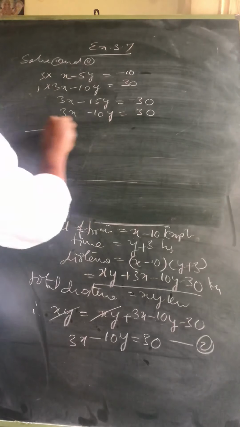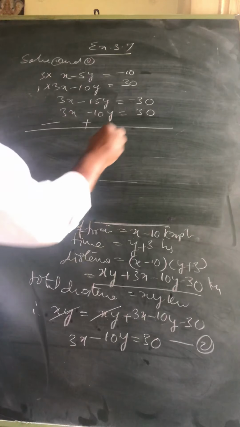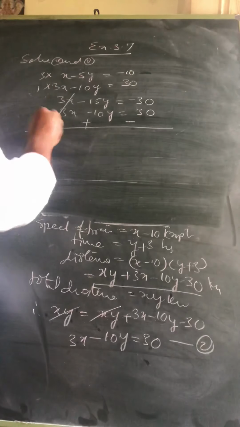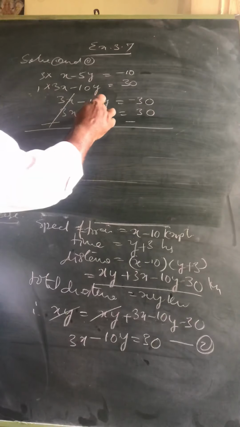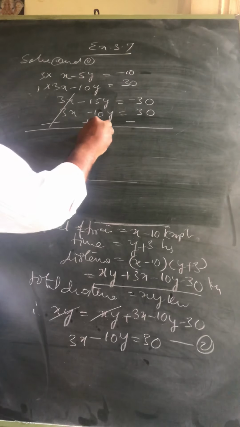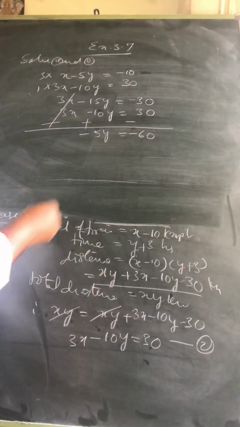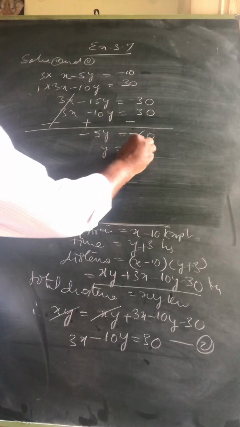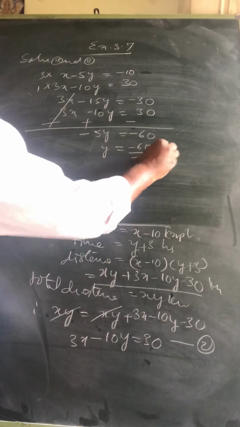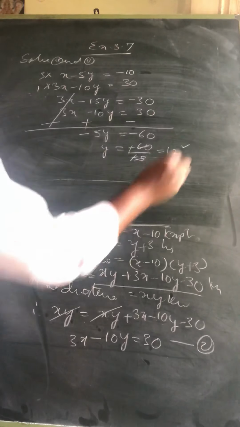Now it is minus, it is plus, so 3x cancels. So how much did you get? Minus 15y plus 10y is minus 5y, equal to minus 60. So y is equal to minus 60 by minus 5, which is 12. So y is equal to 12, you got it.